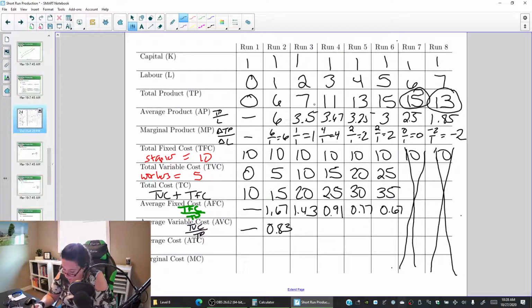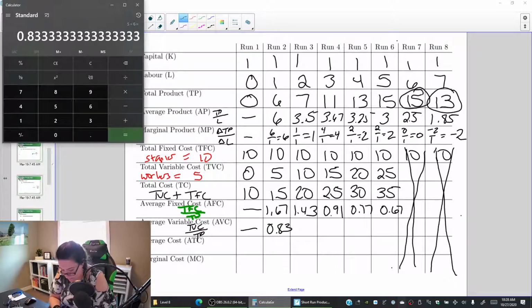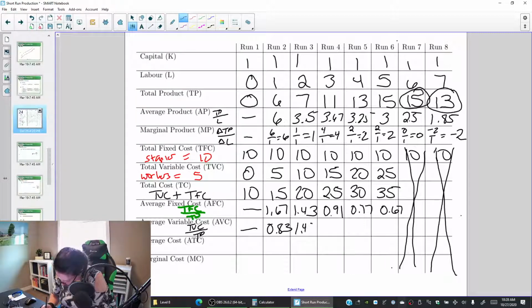Then our total product is 7. We have 2 workers, so the cost is 10, so we're taking 10 divided by 7. And we get 1.43. All right, so then we're producing 11 units.